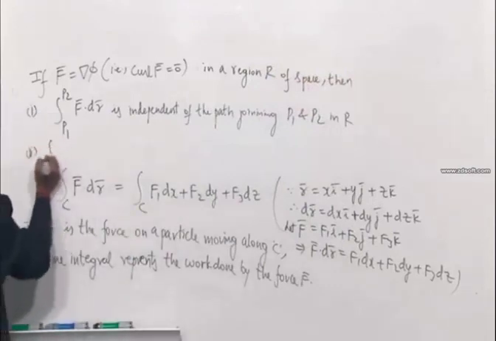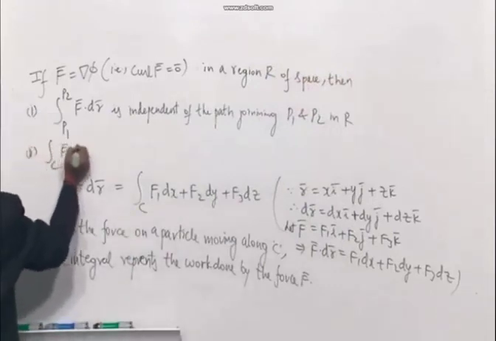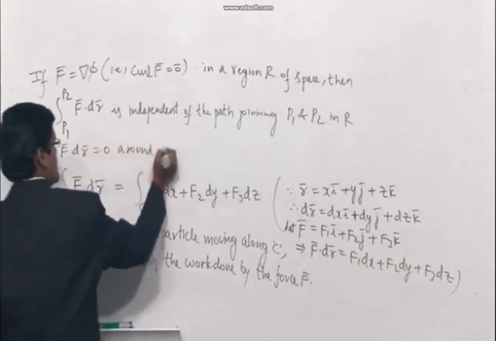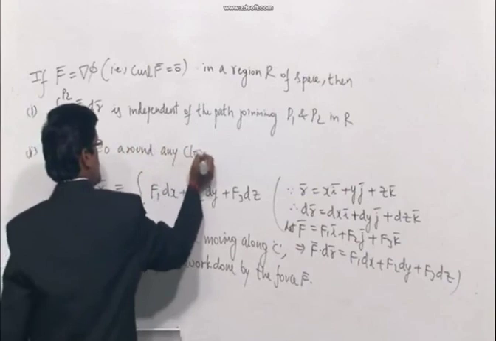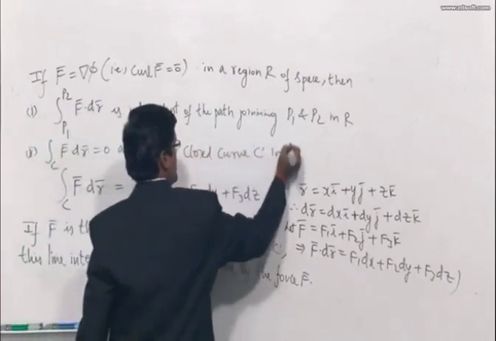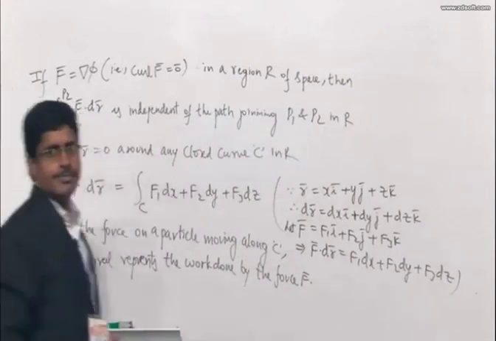Then the second result: the integral over C of f bar dot dr bar is 0 around any closed curve C in R.